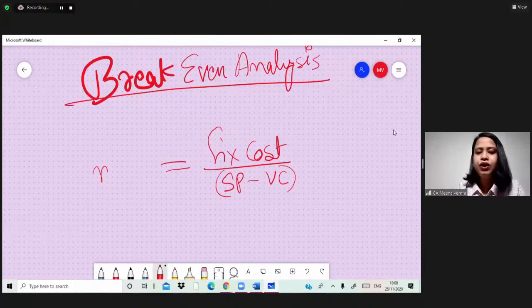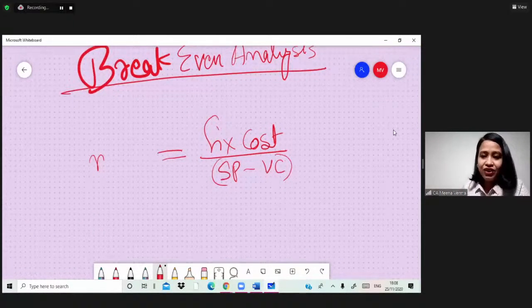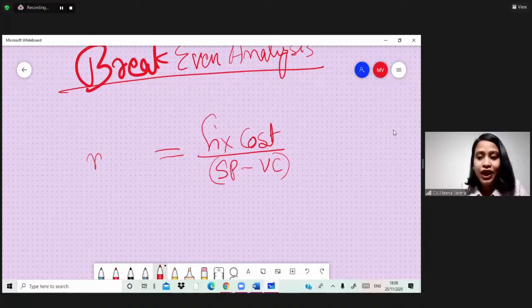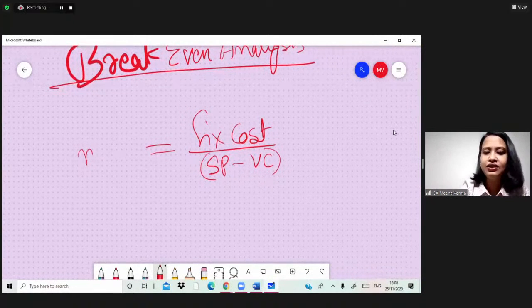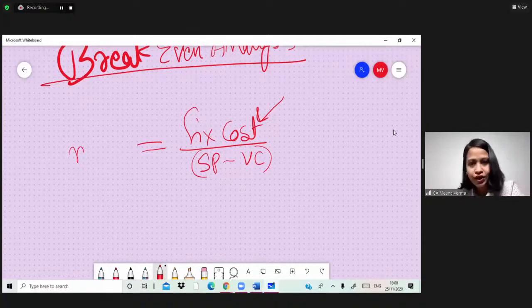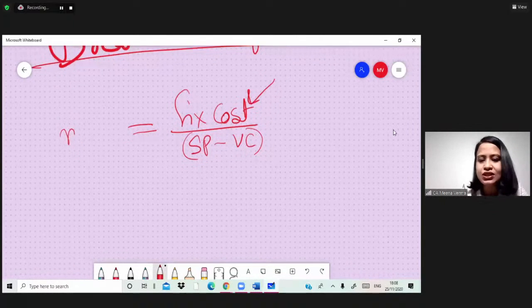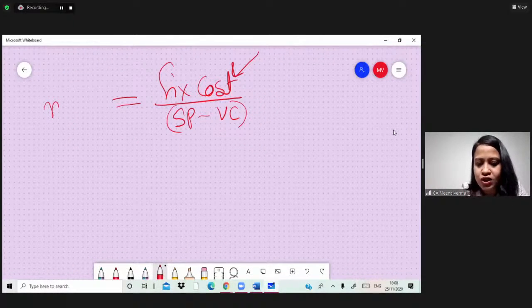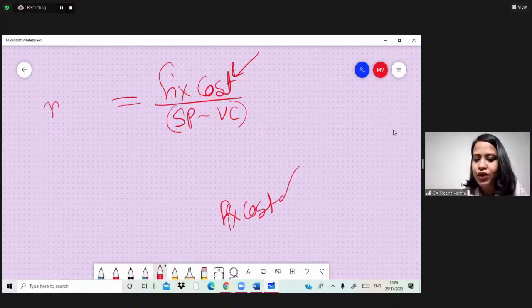Now in case of activity-based CVP analysis, what happened? They are saying that this fixed cost in your organization, generally we consider, will vary as you increase the number of units, on the basis of the number of units you produce.